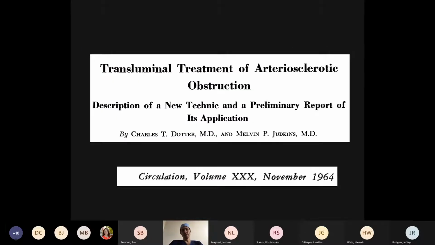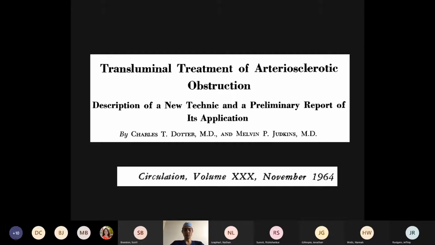Okay. And this was the publication for Dr. Dotter. He is considered the father of IR. At that time, he was pretty famous, as you could see there. He was the face of Life magazine. So he developed this technique that he could treat arterial stenosis using a device going through the skin and not doing a cut down.